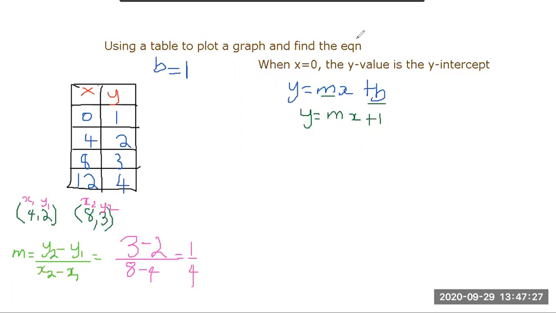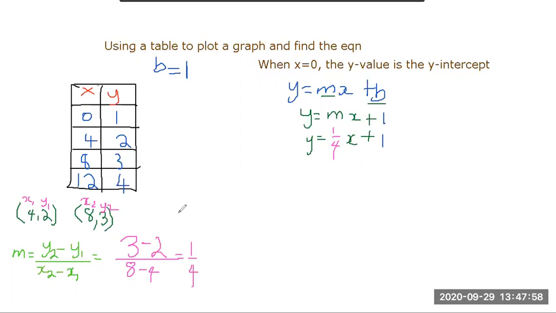So if I'm going to write my equation, it's y equals 1/4 x plus 1. Okay. So that's how I use it.